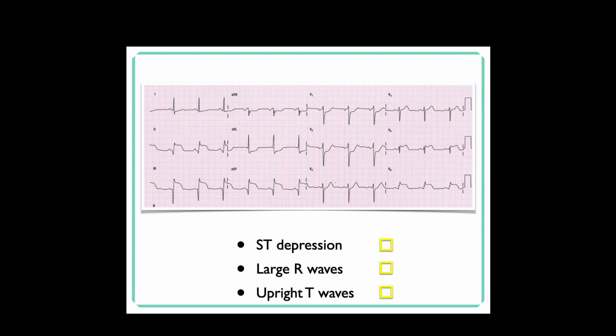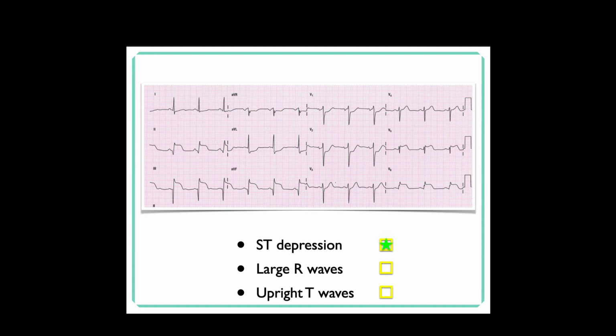First of all, inferior STEMI? Yes. ST depression in V1, V2? Yes. And large R's? They're a little bit larger than normal, so yes. How do you differentiate if they're large R's? Well, I would say any R wave in V1 counts as large.